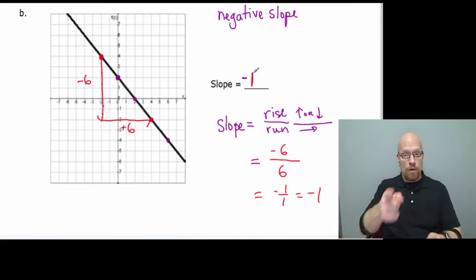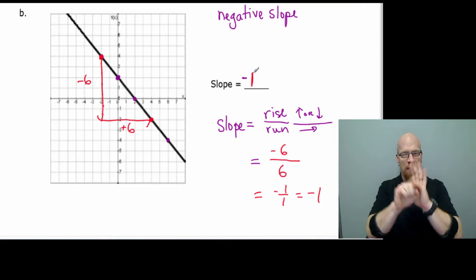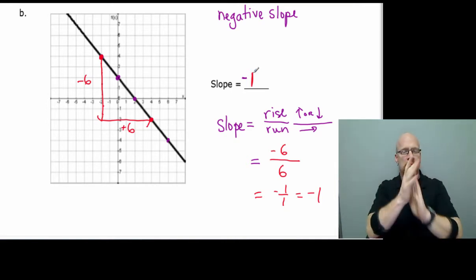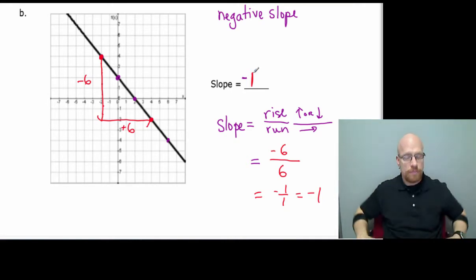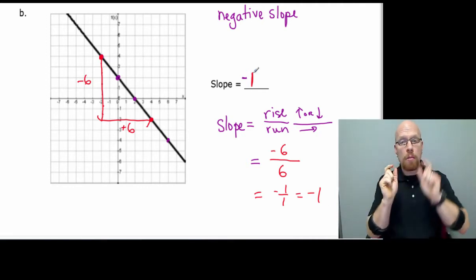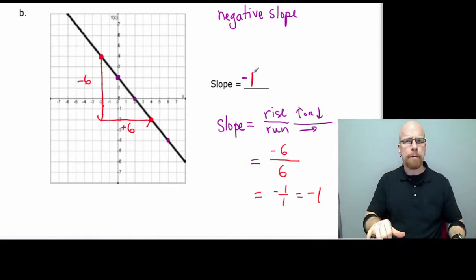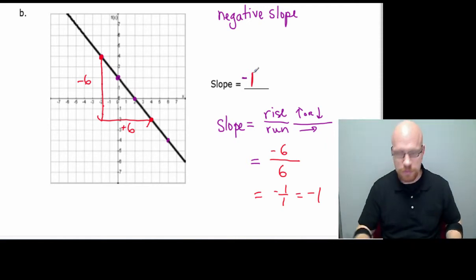Now we can see we had -6/6. I reduced to -1/1, and the answer is just -1 for the slope. Understand that if I used other points from the different purple dots on the line, it will work out to be the same answer.